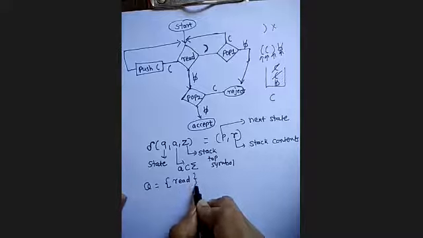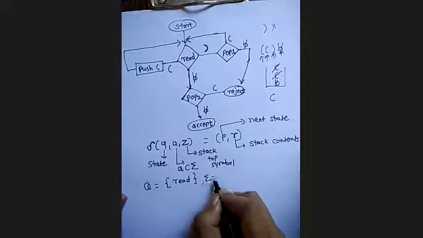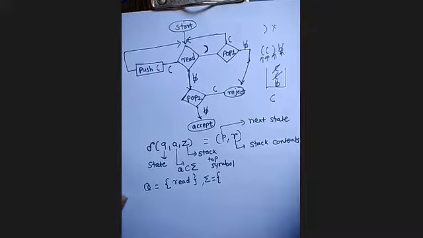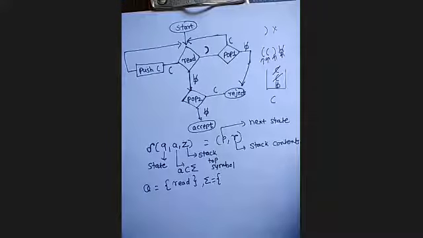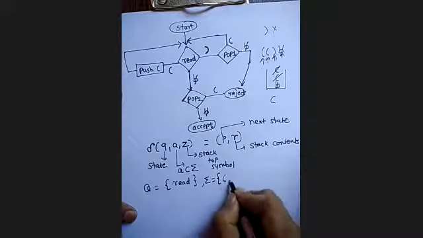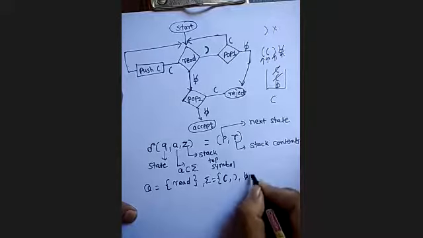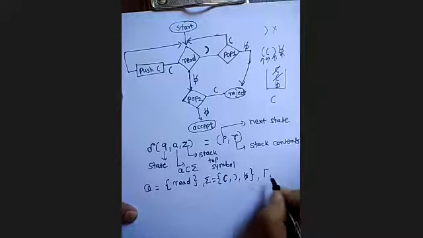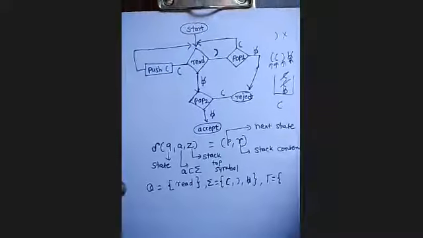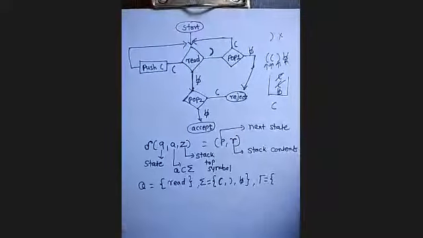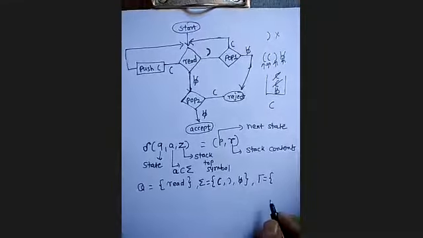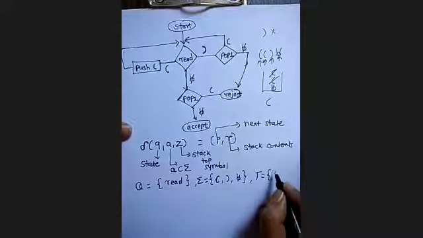Only read. Correct. What is the input alphabet? The input string is formed using, yes, correct, Atharva, opening, closing, and the blank. Yes. What is my stack alphabet? What are we pushing onto the stack? Which symbols are coming onto the stack? That is the stack alphabet, no? So what is the stack alphabet here? Yes, opening and the blank.